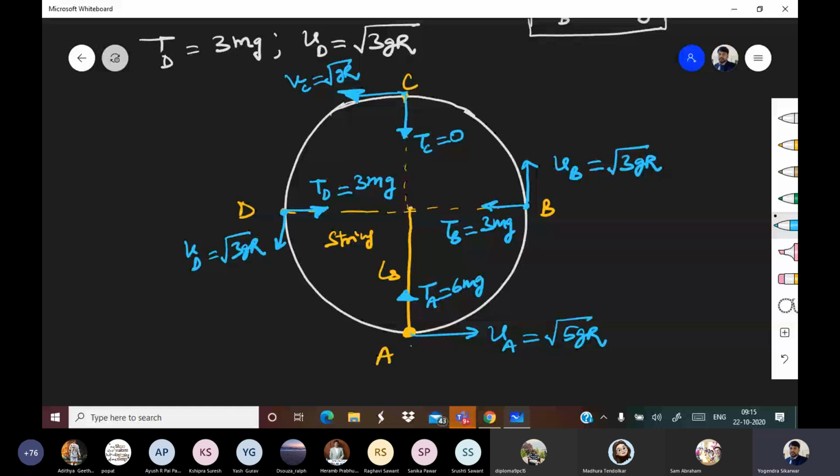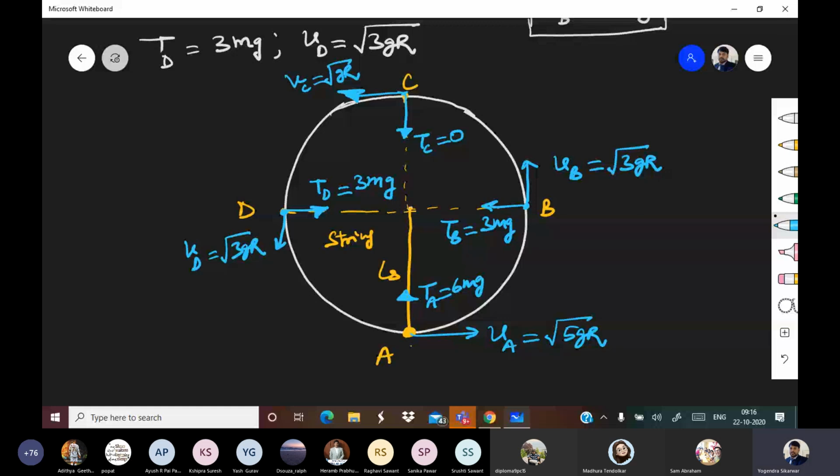Now listen very carefully. What you can observe is that when an object moves in a vertical circle, as it goes up in every quarter, tension is reduced by 3 mg and speed is reduced by 2 GR within the root.